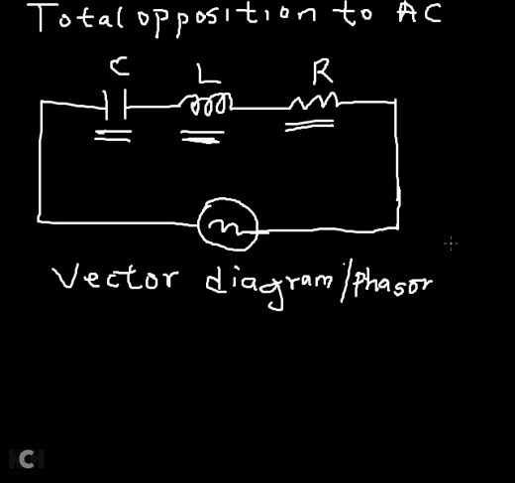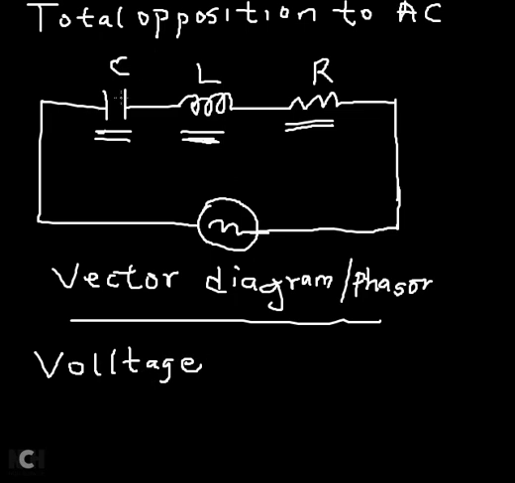Now, let's look at the vector diagram of the voltage of an alternating current circuit that has these three components.